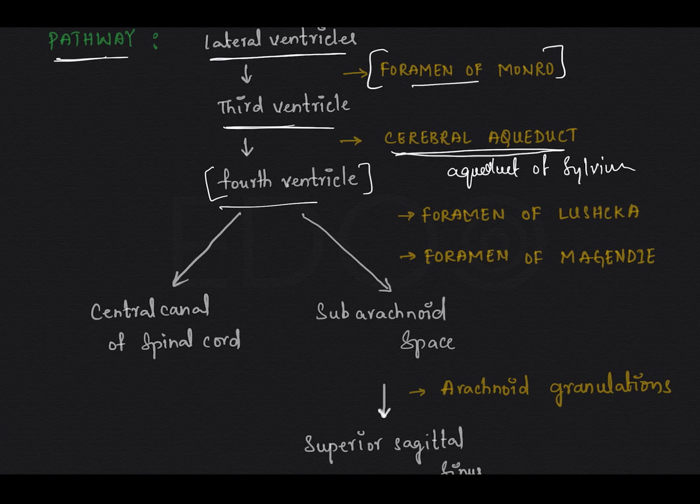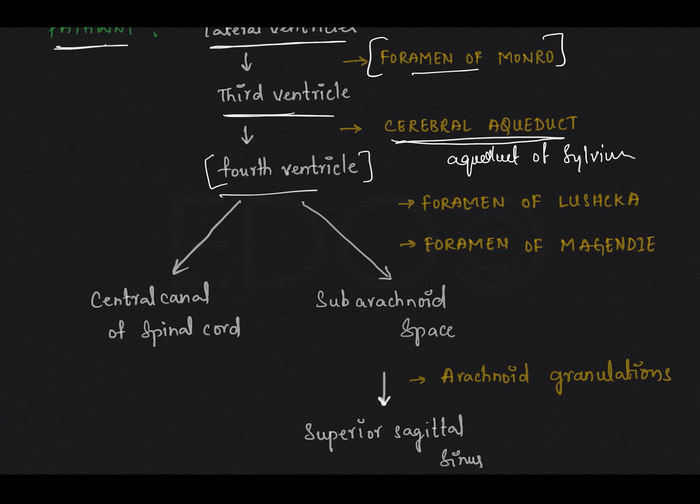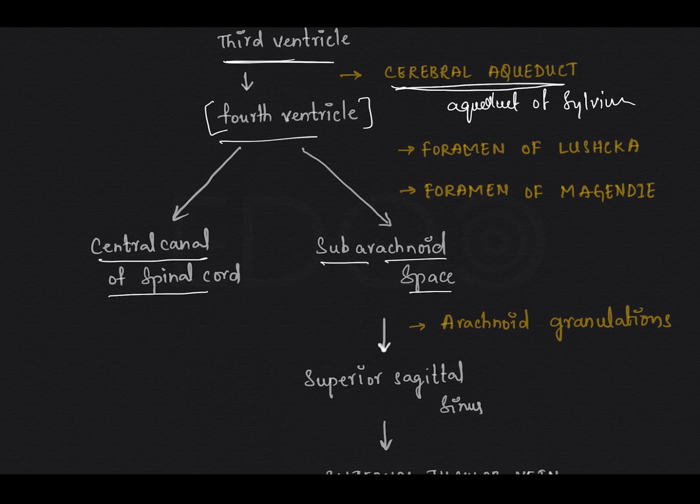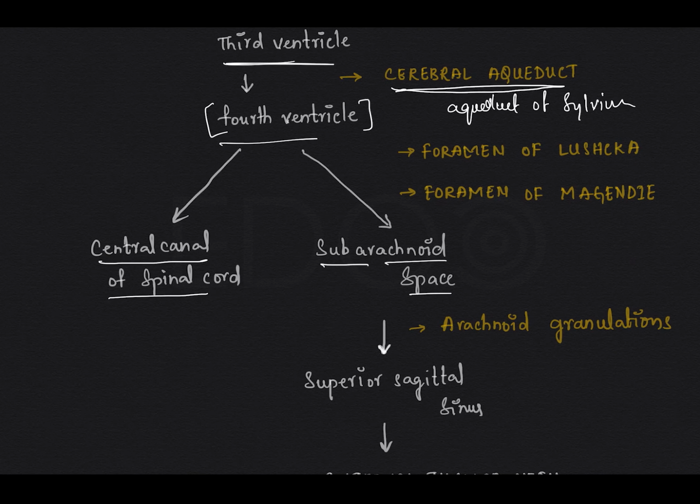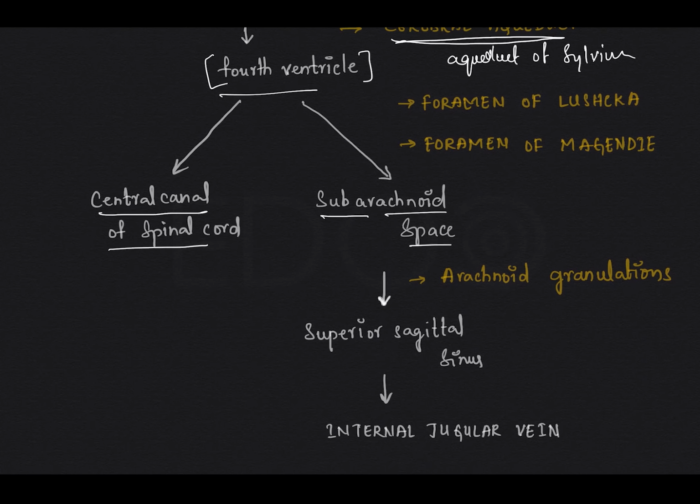And next, from the fourth ventricle, cerebrospinal fluid can be drained into two paths. One is into the central canal of spinal cord and one is into the subarachnoid space. So in the subarachnoid space, it is drained laterally and medially into the cerebellopontine system or cerebellomedullary system.